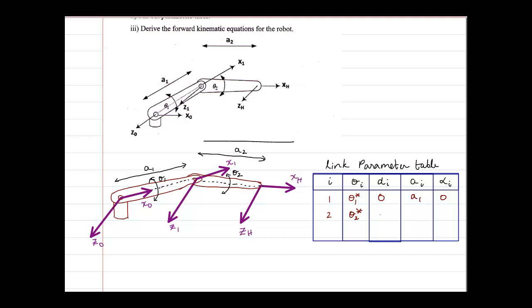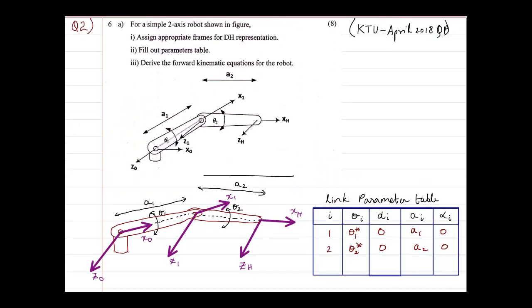Both of them will be collinear with theta 2, so di is going to be 0. The next one is what should be the movement in x direction so that x1 and xh overlap, that will be a2, and since z1 and zh are already in the same direction, this is going to be 0. So the link parameter table is done.